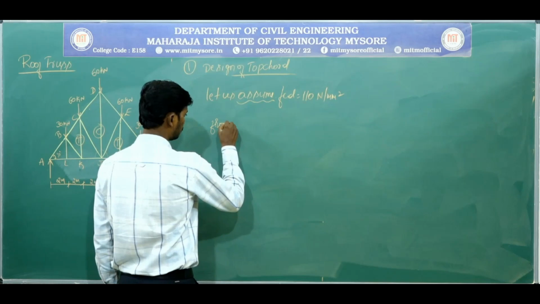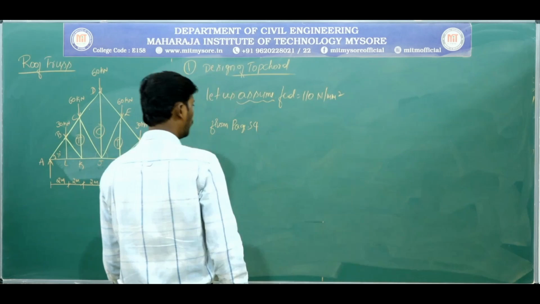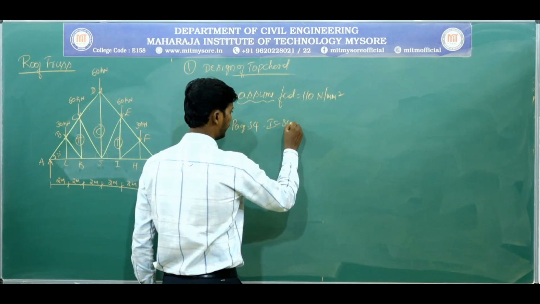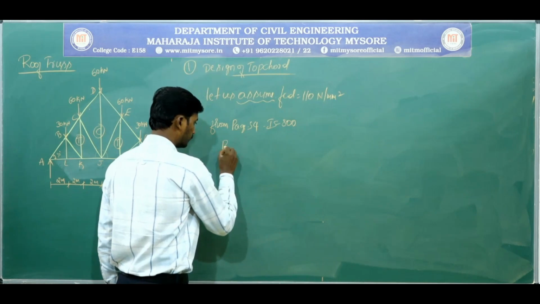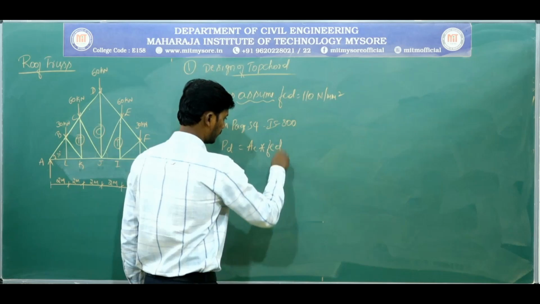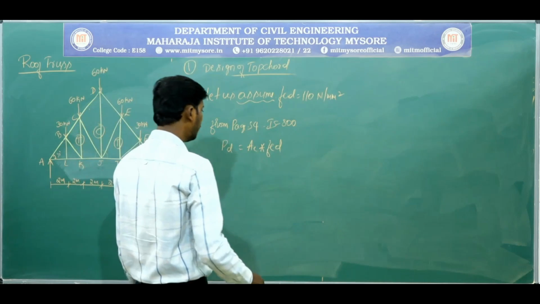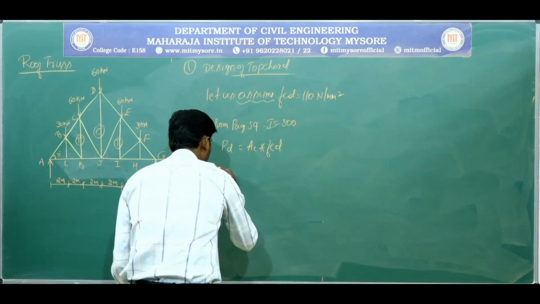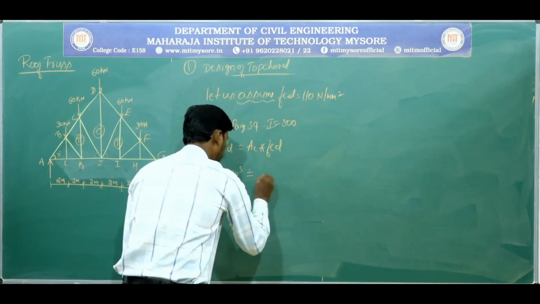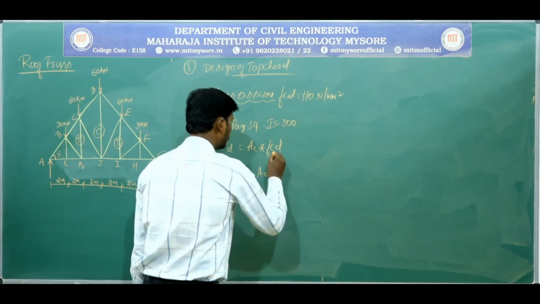From page 34 of IS 800, Pd is equal to area into fcd. So what is Pd? We just calculated, that is 360 into 10 cube, which is equal to Ae into fcd.